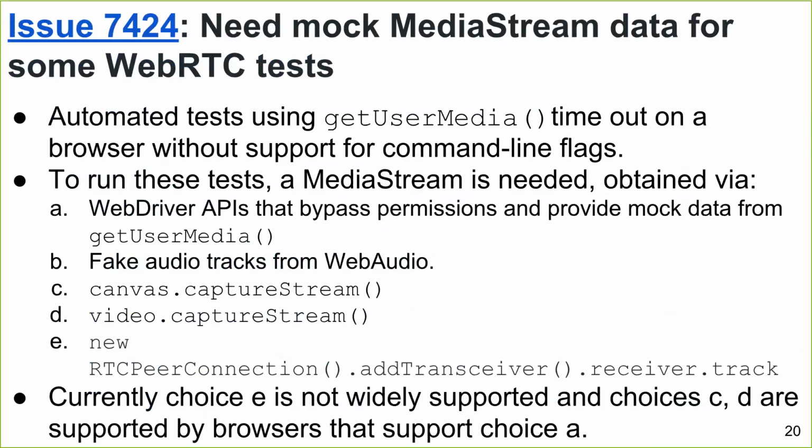You can use the WebDriver APIs to get mock data. You can get, I guess you suggested, Jan-Ivar, fake audio tracks from WebAudio. A couple of other ways are Canvas capture stream or video capture stream. I think Suarez suggested using the receiver.track that you get from addTransceiver.